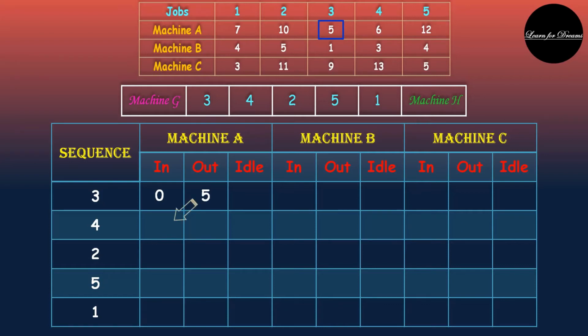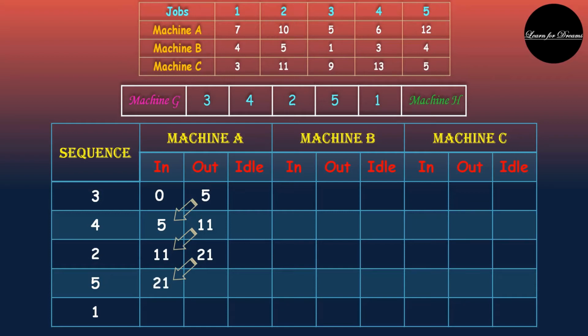The out time of job 3 will be the in time for job 4, that is 5. Out time is 5 plus 6, that is the processing time, is equal to 11. Next for job 2, in time will be 11 and out time will be 11 plus processing time, that is 10, which is equal to 21.